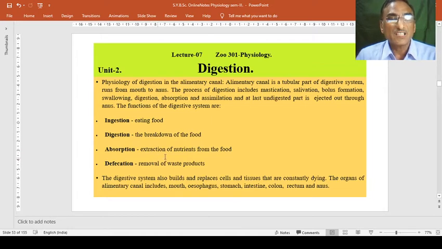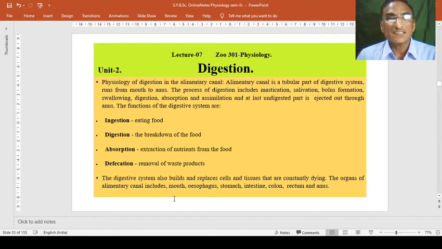Defecation means the removal of waste material which is not digested in the body. The food material which is not broken down or assimilated properly, the remaining waste material, is thrown outside the body, and this is called defecation. The digestive system also builds and replaces the cells and tissues that are constantly dying.